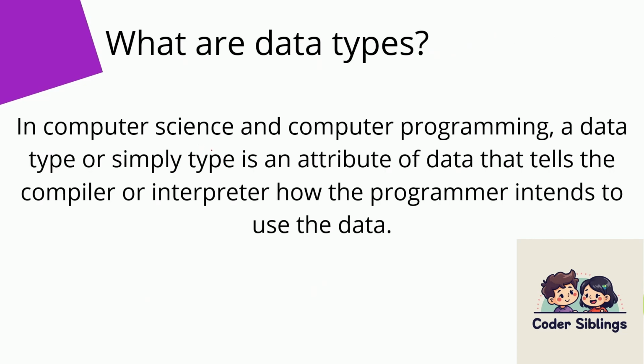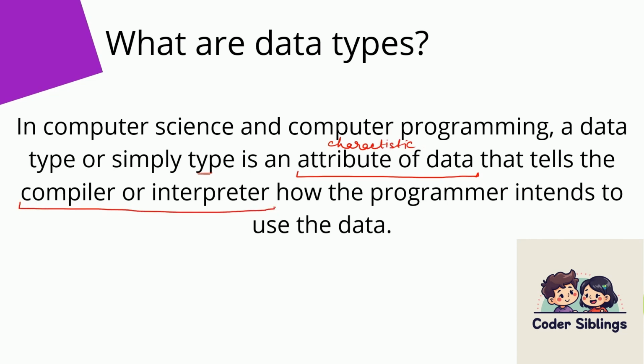In computer science and computer programming, a data type or simply type is an attribute of data that tells the compiler or interpreter how the programmer intends to use this data. So a data type is also known as simply type. It is an attribute of data. Now, what do you mean by attribute? Characteristic of data that tells the compiler or interpreter.